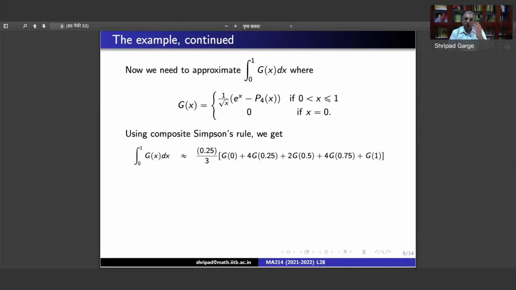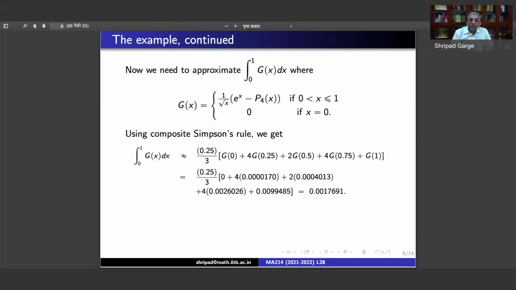So we have to just compute the value of this function capital G at these various points. These are the values. I just have computed them for you. And the final answer turns out to be 0.0017691. So we see that this part of the integration is really not as significant as the other part.